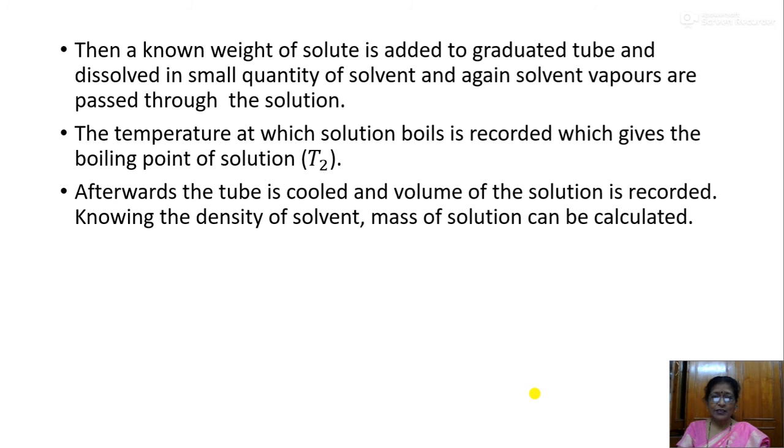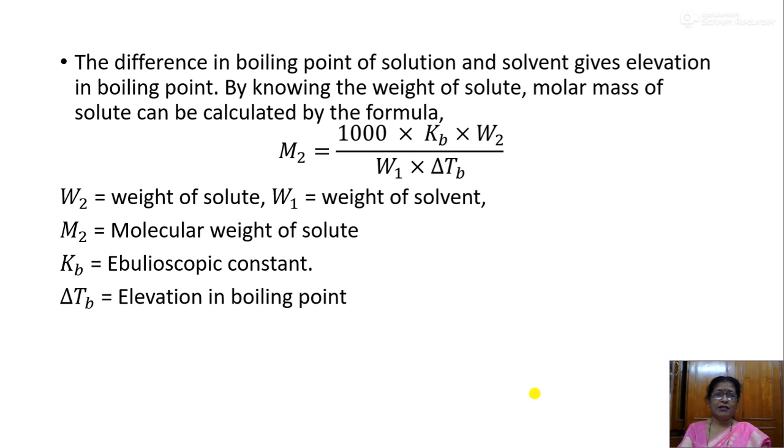Afterwards, the tube is cooled and the volume of the solution is recorded. Knowing the density of the solvent, mass of the solution can be calculated. The difference in boiling point of the solution and solvent gives the elevation in boiling point.